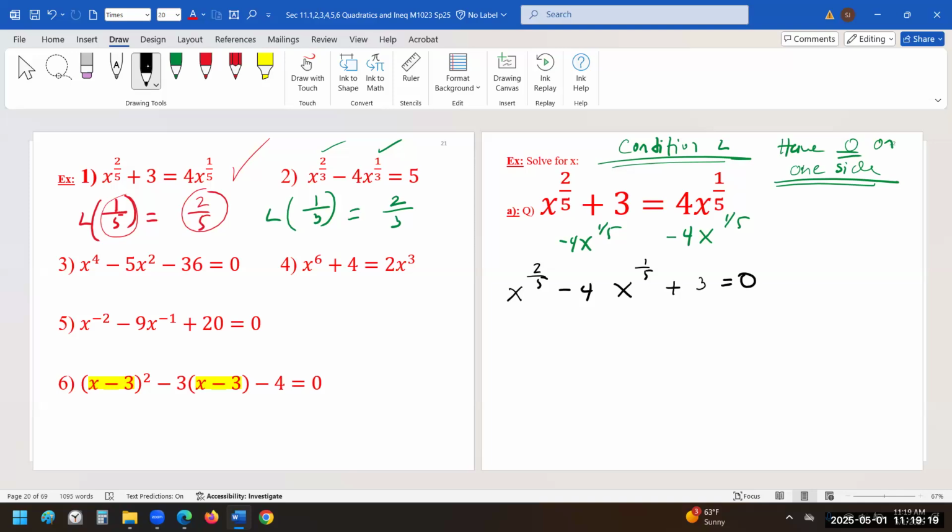This is the same as x squared minus 4x plus 3 equals 0. They don't look like it, but they have the same format. Whatever power we have here, the first one has twice the same amount.